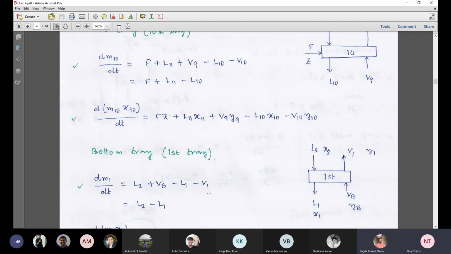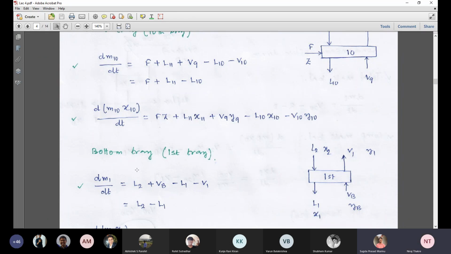Just write L now. Sir, L2x2 minus L1x1 plus V2Y2 ... VBYB minus B1Y1.